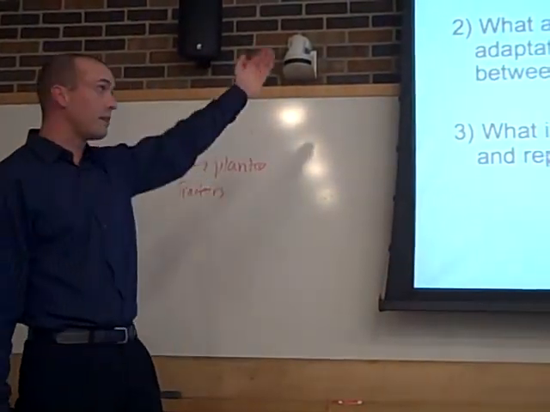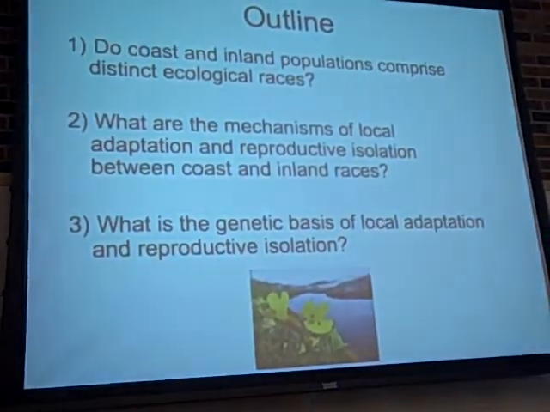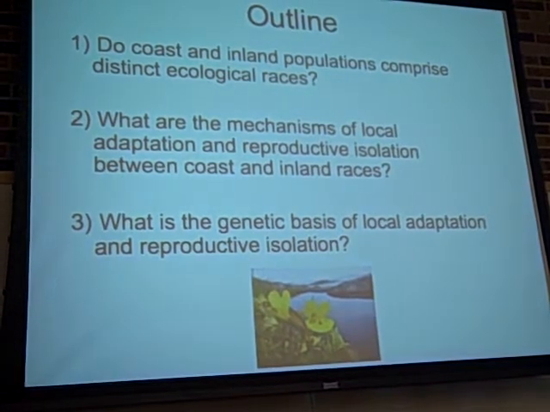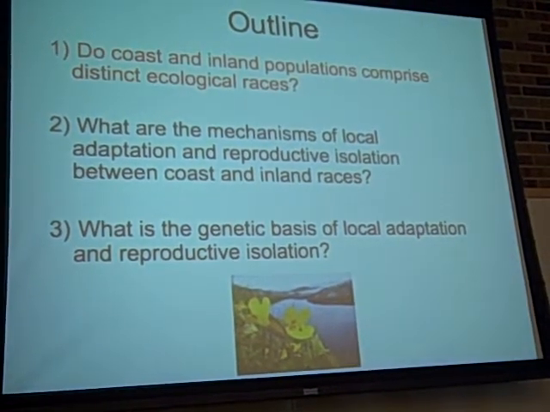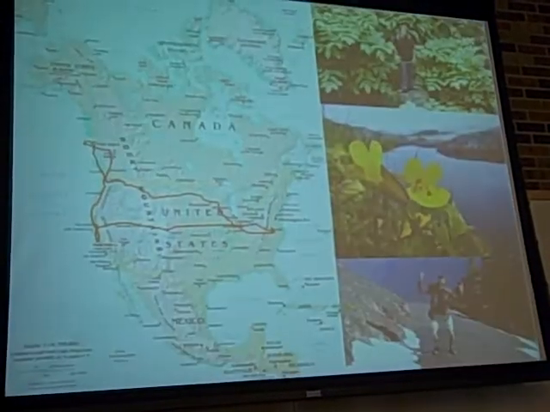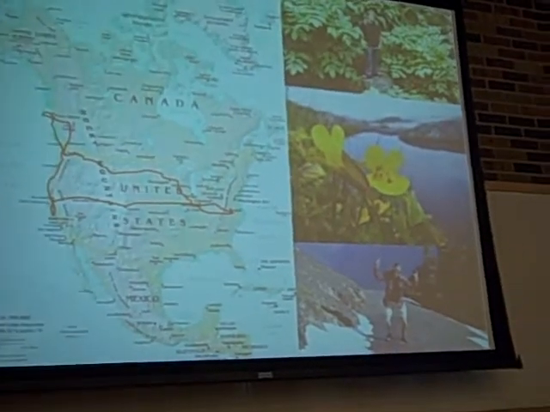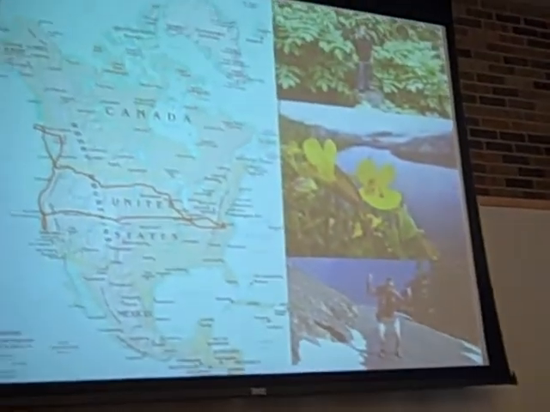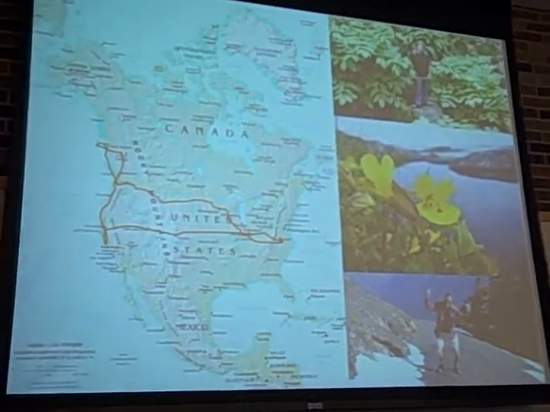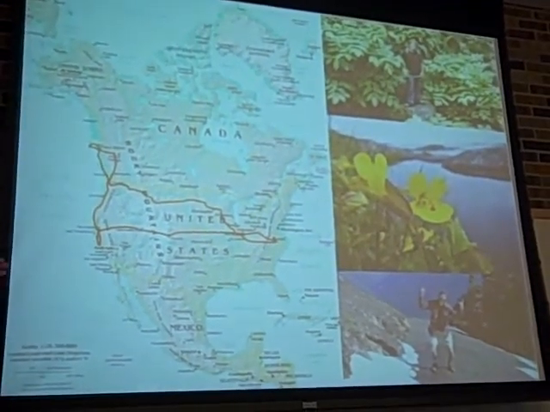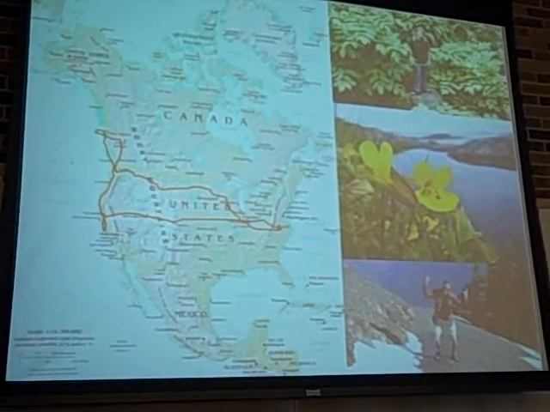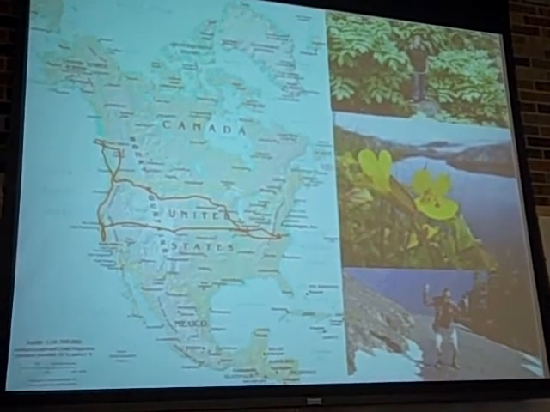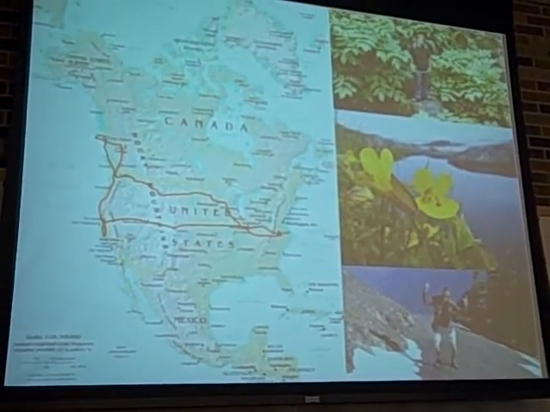So the three main questions that I'm going to address right now are up here, and I'll just go through those. In order to understand whether there are different coast and inland ecotypes, back in our first year of grad school, Kevin Wright and myself set out on a long journey in my Honda Accord, drove 18,000 miles out to the west coast and collected about 130 populations all along the coast.